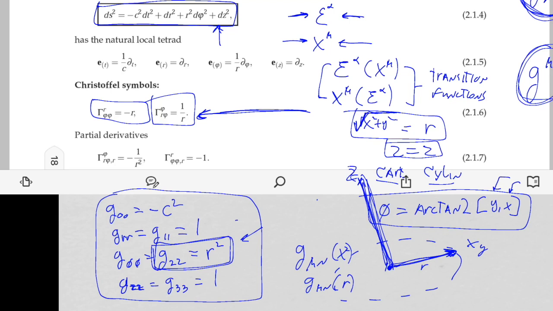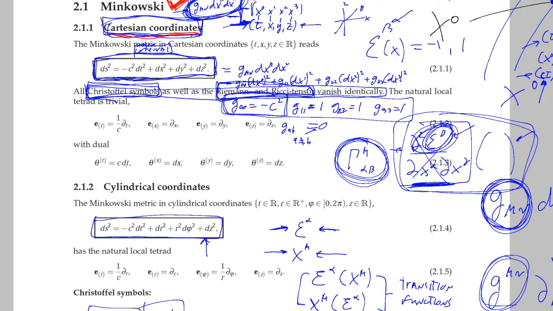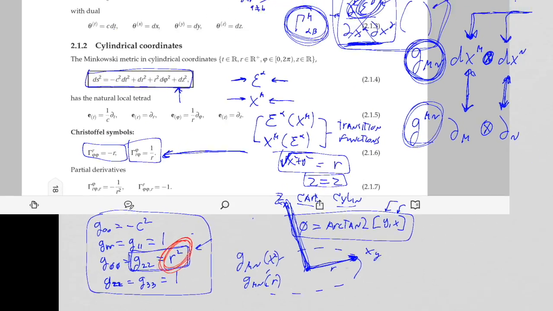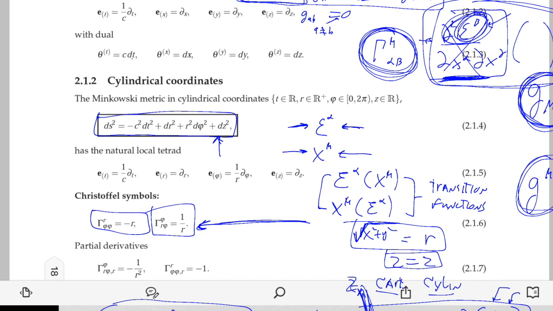And when you do that, the metric will transform itself back into this metric right here. So one transformation will eliminate this r dependence of the metric. And therefore, this is still a flat metric in cylindrical coordinates.